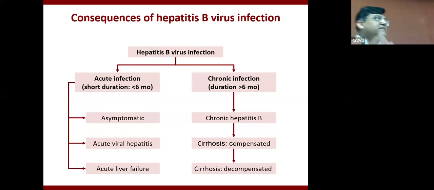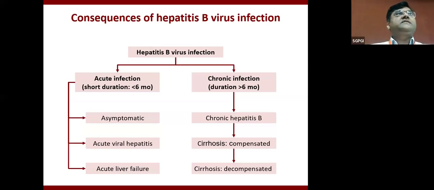So chronic infection, 5% of those from acute hepatitis will progress to chronic infection, and then they will gradually progress to chronic hepatitis B, followed by cirrhosis, followed by hepatocellular carcinoma, decompensation, etc. One point I want to emphasize here: hepatitis B can cause hepatocellular carcinoma without moving to cirrhosis.